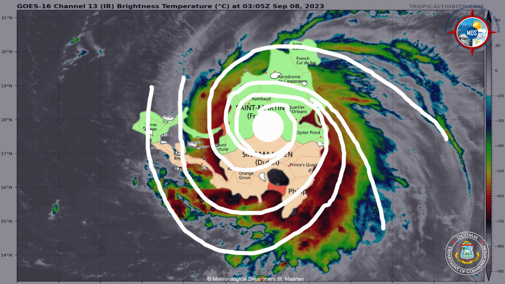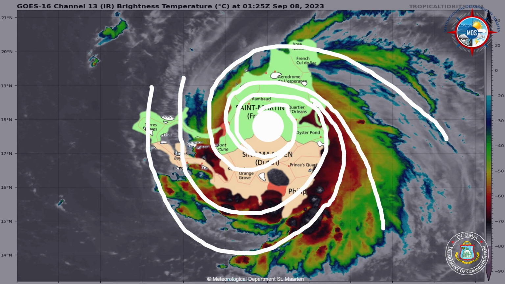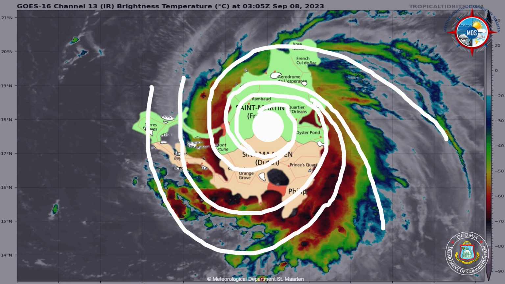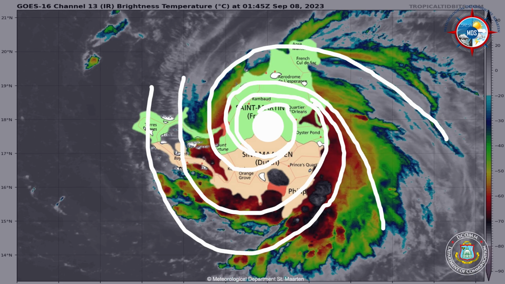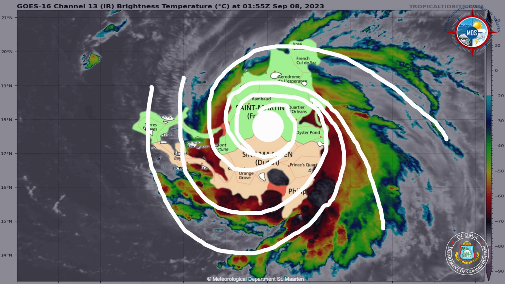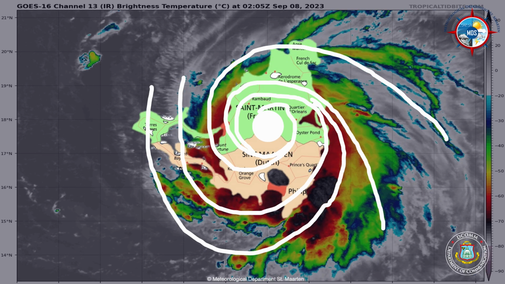I put the map of St. Maarten on there with a hurricane underneath. So the center would be around here. Okay, so let's presume the center is right here, between Colombie, I think that is on the French side, and St. Peter's. So Colombie and St. Peter's would be calm because the eye is over them.